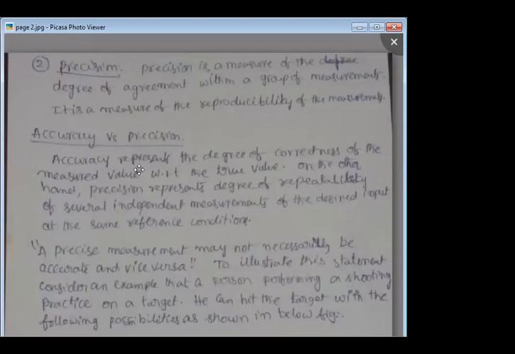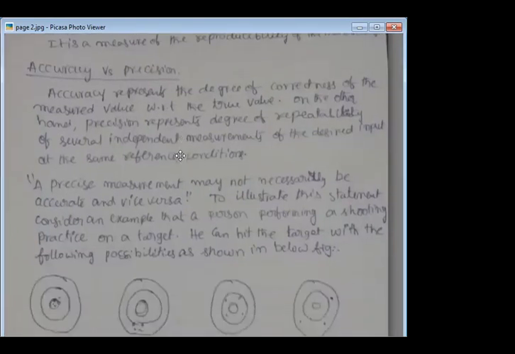So here, we can relate accuracy and precision. Accuracy represents the degree of correctness of the measured value with respect to the true value, whereas precision is the degree of agreement. On the other hand, precision represents the degree of repeatability of several individual measurements of the desired input, all at the same reference conditions.